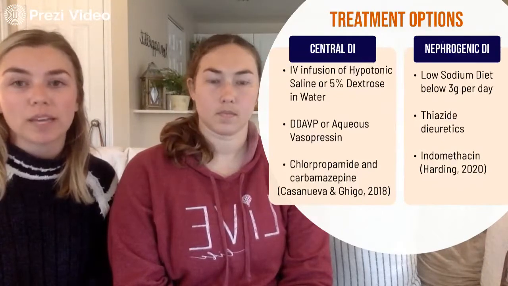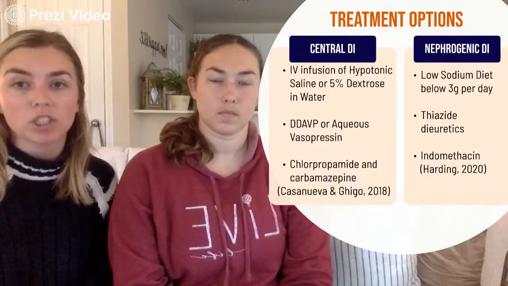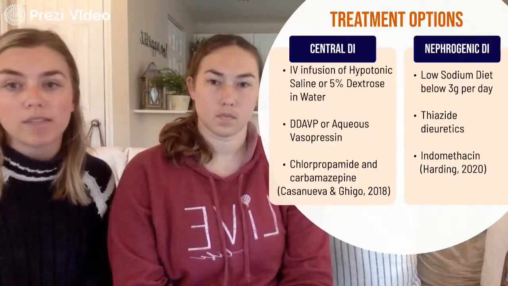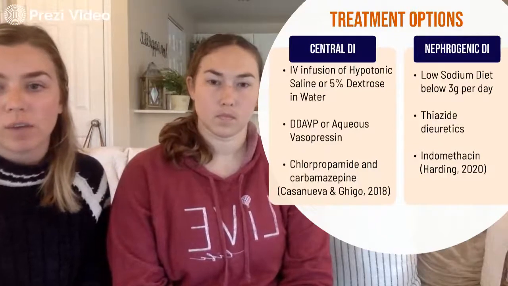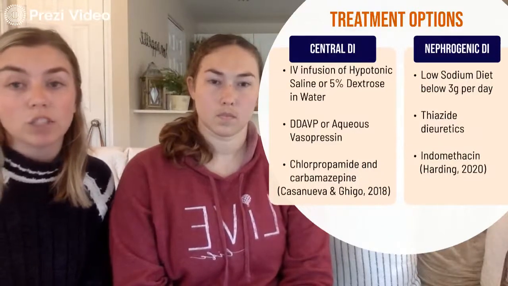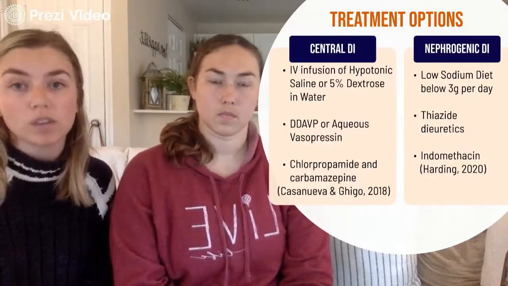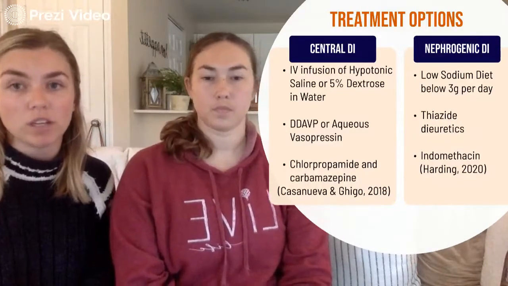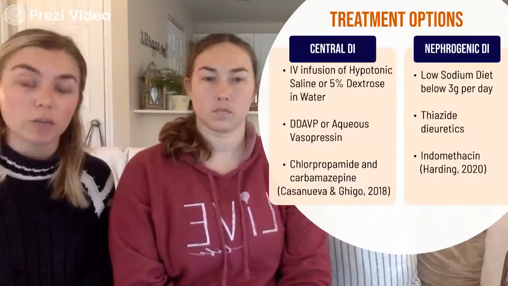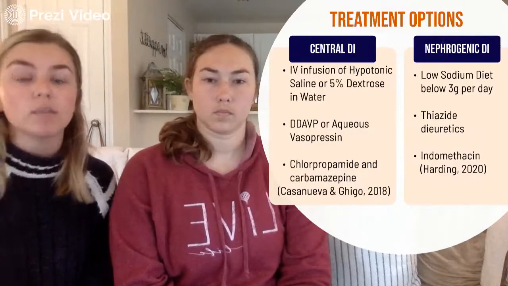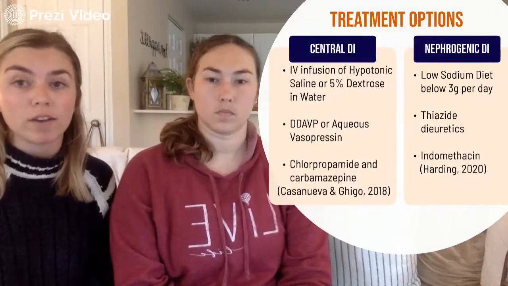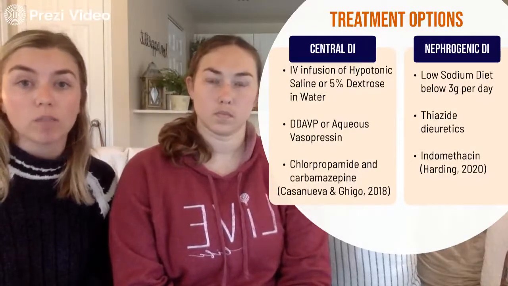You also want to replace with hormone therapy, which there's two analogs of the antidiuretic hormone, DDAVP, also known as desmopressin, which is the most common one, or aqueous vasopressin. So desmopressin or DDAVP is the most common one used because there's a lot of different treatment options. It can be given orally, subcutaneously, intranasally as a spray even, or IV for immediate treatment if for something more severe.